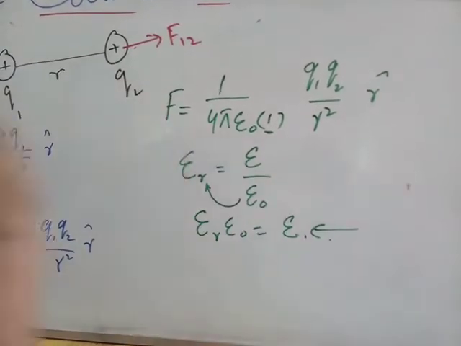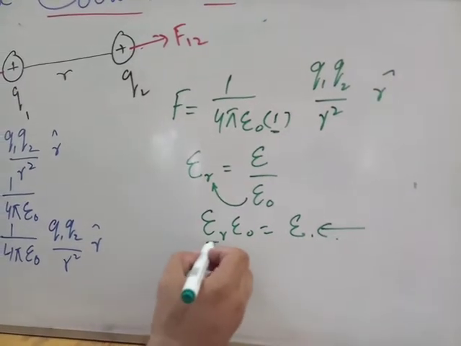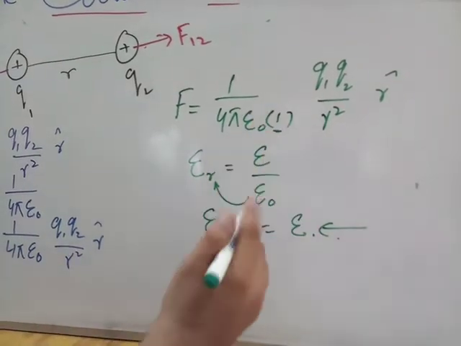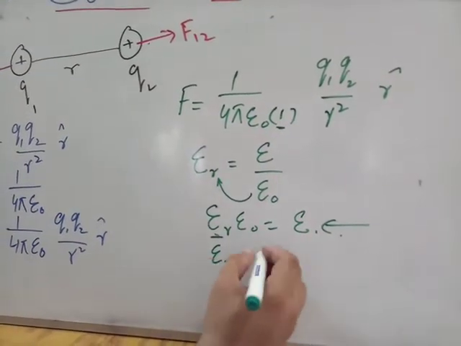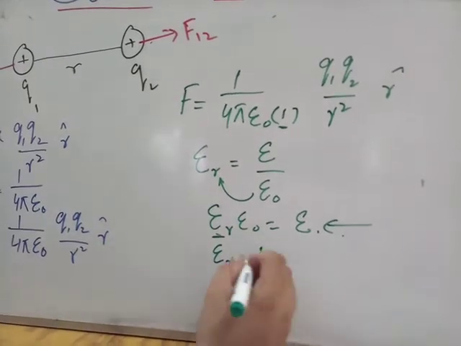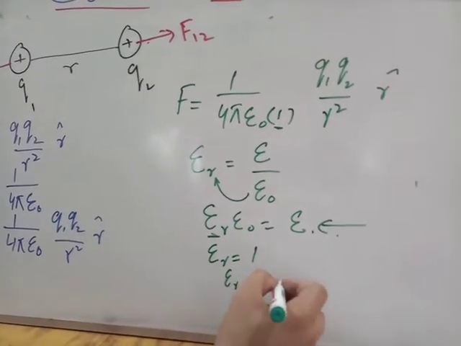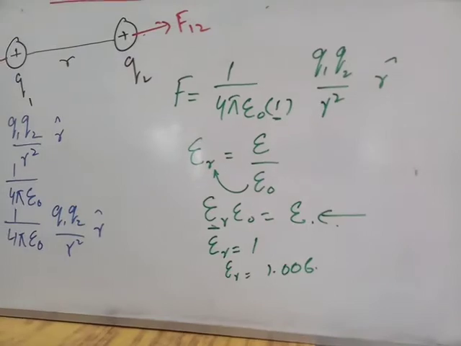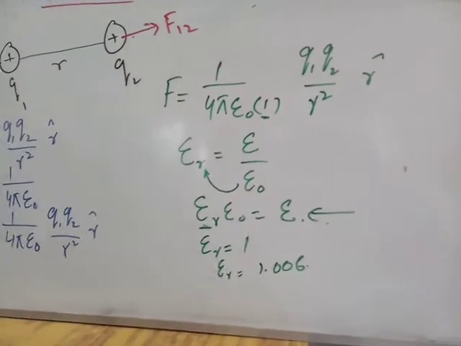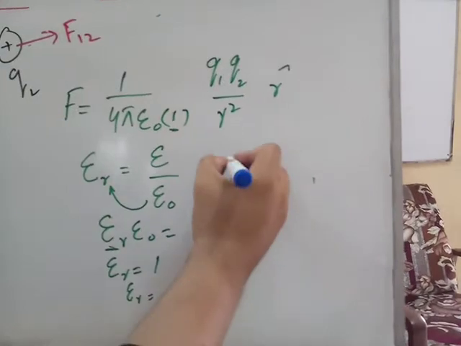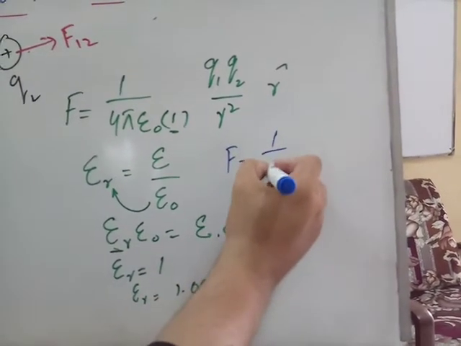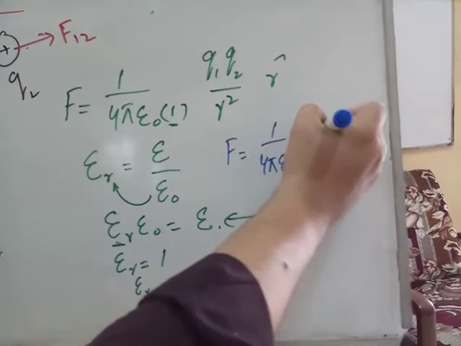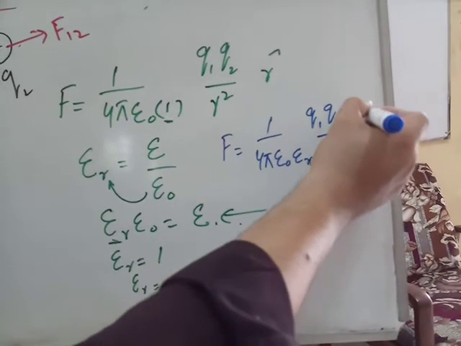For the medium we use epsilon R. For vacuum this value will be 1, and for air this value will be 1.006. So the above formula will be F is equal to 1 over 4 pi epsilon naught epsilon r for the medium, Q1 Q2 over r square in the direction of r.